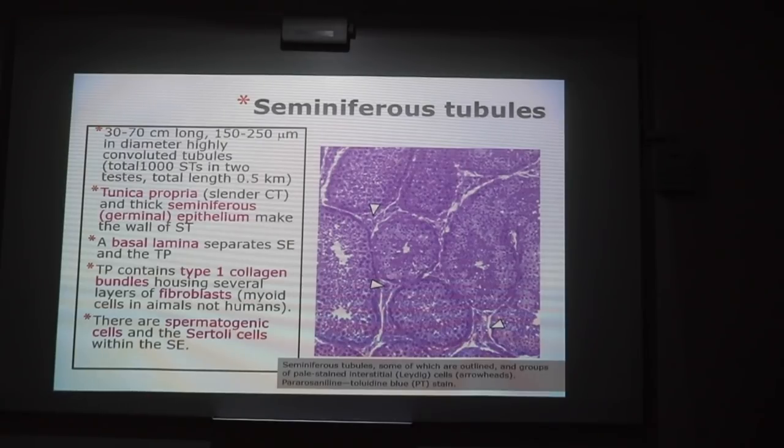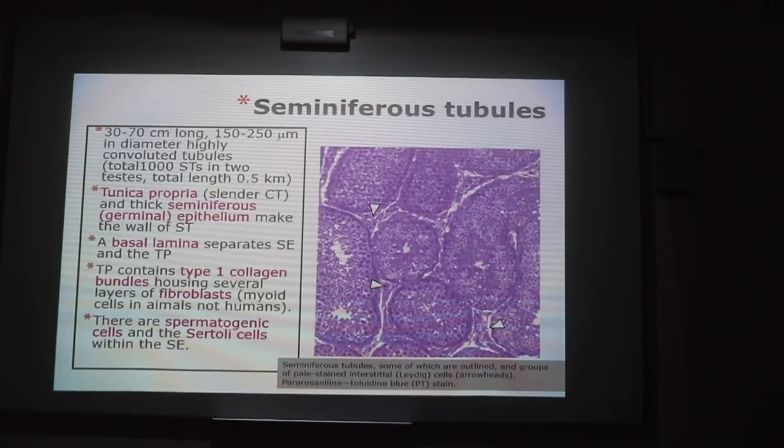Tunica propria contains type 1 collagen bundles and houses several layers of fibroblast-type cells, which are not actually fibroblasts. They are called myoid cells. These myoid cells have properties similar to smooth muscle.